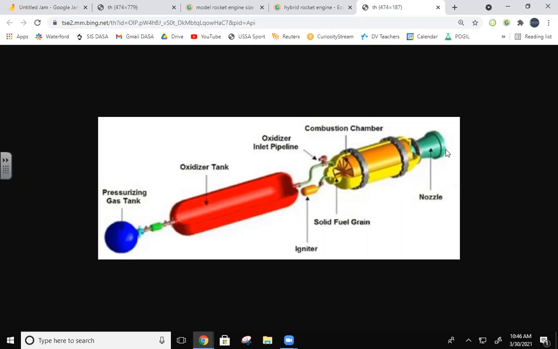You can get all sorts of interesting things out of it. However, even though this is a very cool design, it is extremely rare. Almost no rockets use hybrid engines.